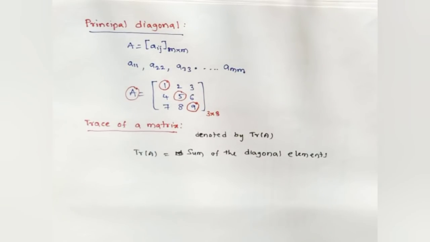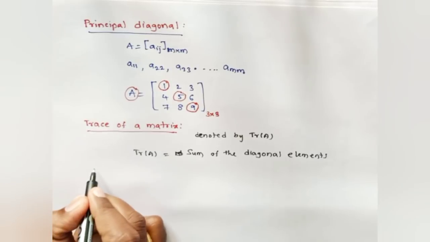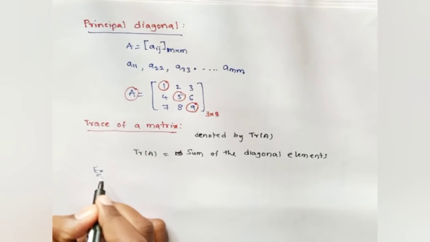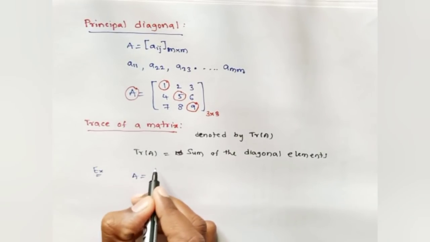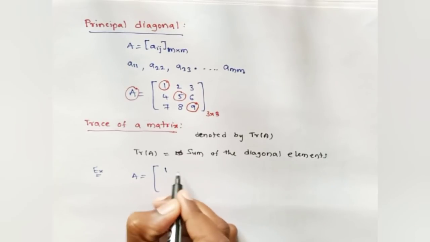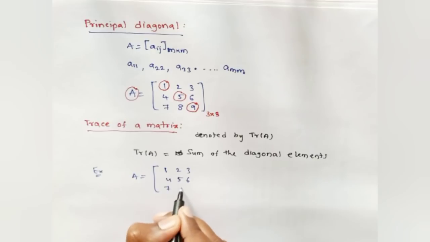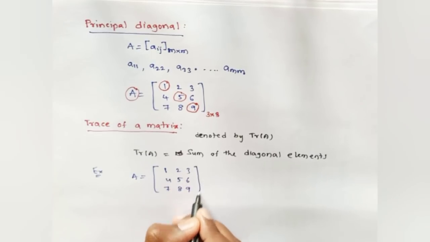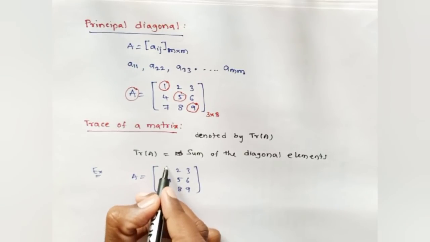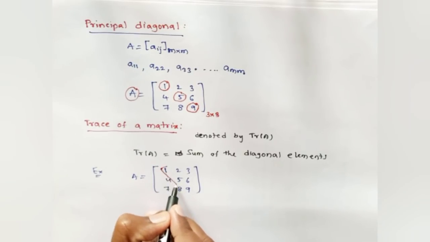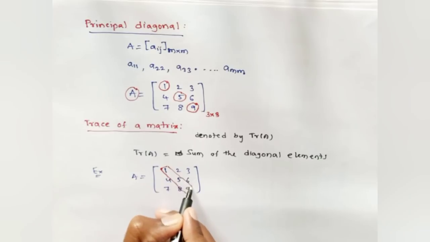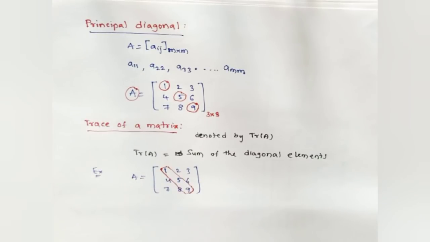Now let us find the trace of a given matrix. For example, A is equal to 1, 2, 3, 4, 5, 6, 7, 8 and 9. We know the principal diagonal of this matrix; the elements are 1, 5 and 9.